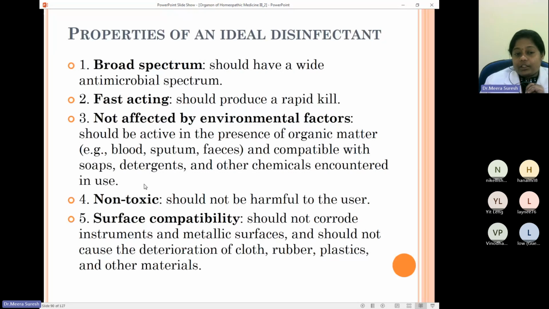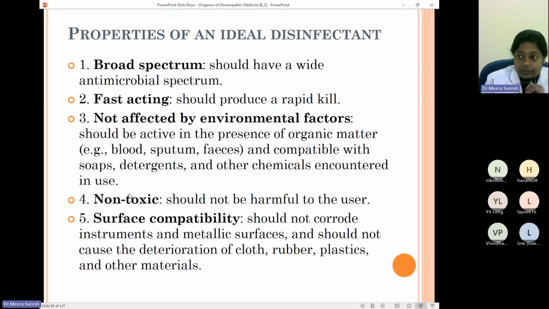And it should also be compatible with soap, detergents, and other chemicals encountered in use. We are using a disinfectant, and if you mix some soap or detergent into it and the activity is lost, we don't want such a disinfectant, of course.